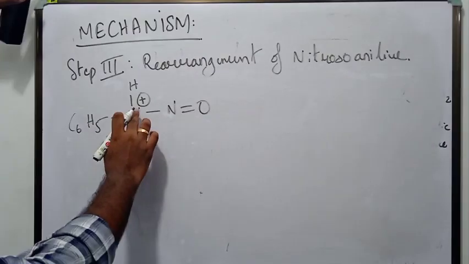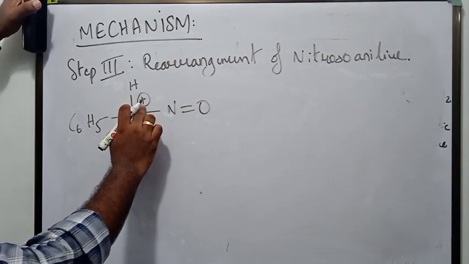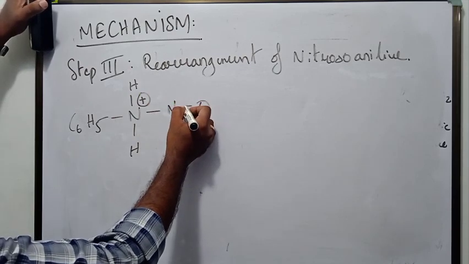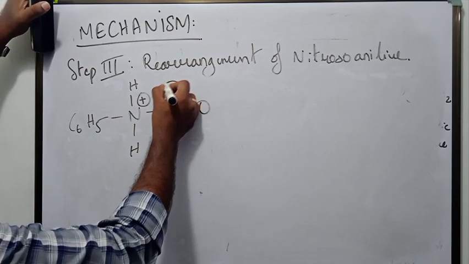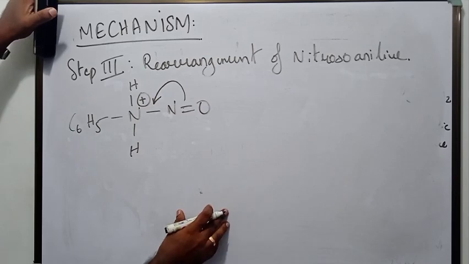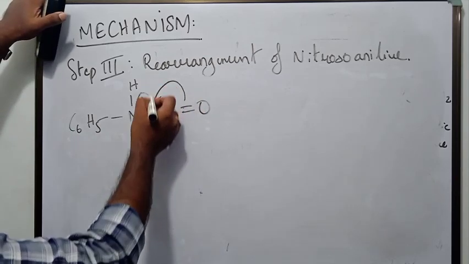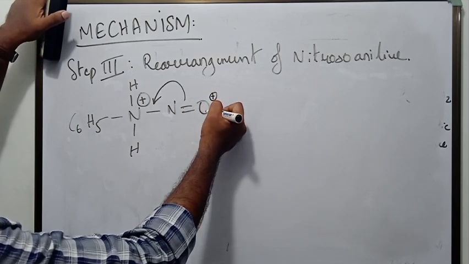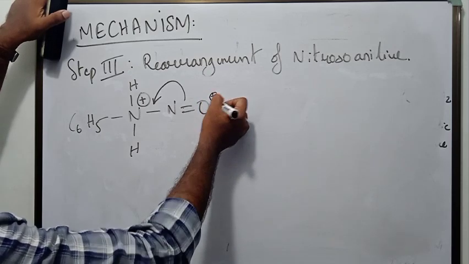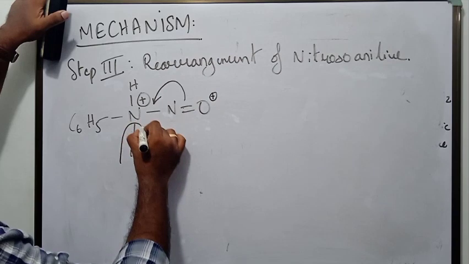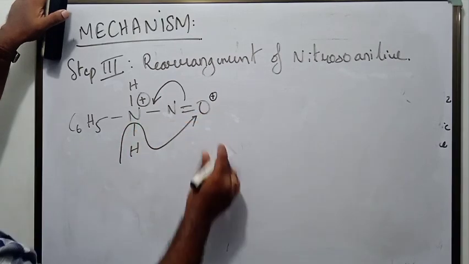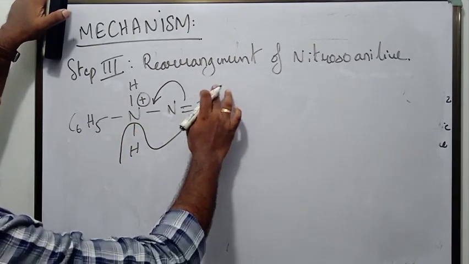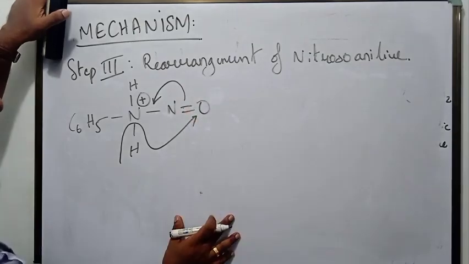Now there is a positive sign here. To remove this positive sign, this pair of electrons comes here. But when this pair of electrons comes here, the positive sign comes on oxygen. Correct? To remove this positive sign, this hydride goes here. So this positive sign gets removed.